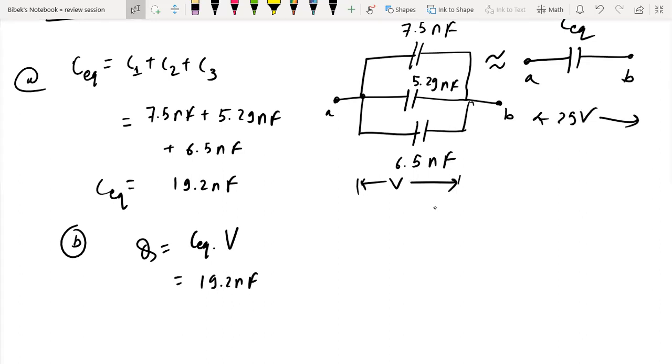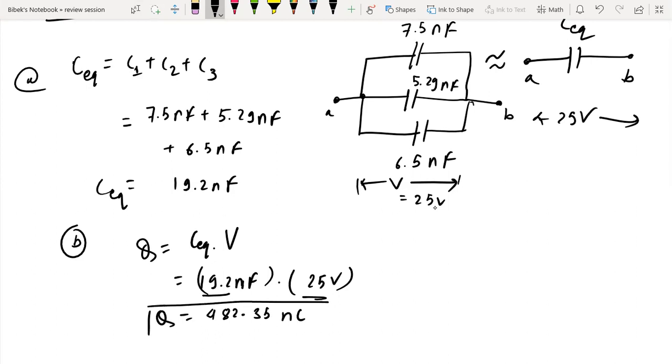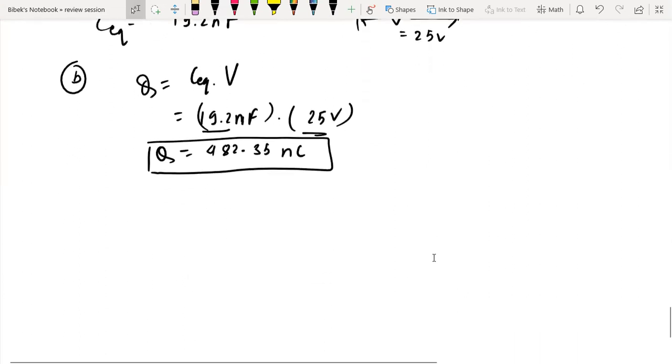I don't need to touch the nano, so I'll just multiply 19.2 and 25. That gives me 482.35, and I'll write it in nanocoulomb, which is easier.